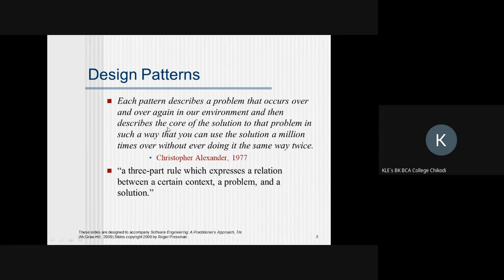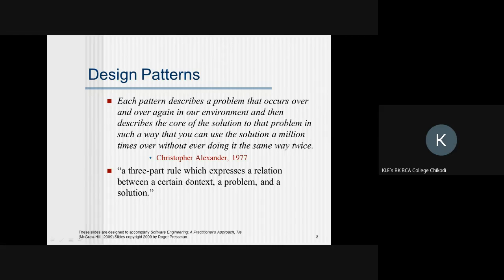Reusability: each pattern describes a problem that occurs over and over again in our environment, and then describes the core of the solution to that problem in such a way that you can use the solution a million times over without ever doing it the same way twice. Already existing solutions we can utilize, and we can go for improving things.